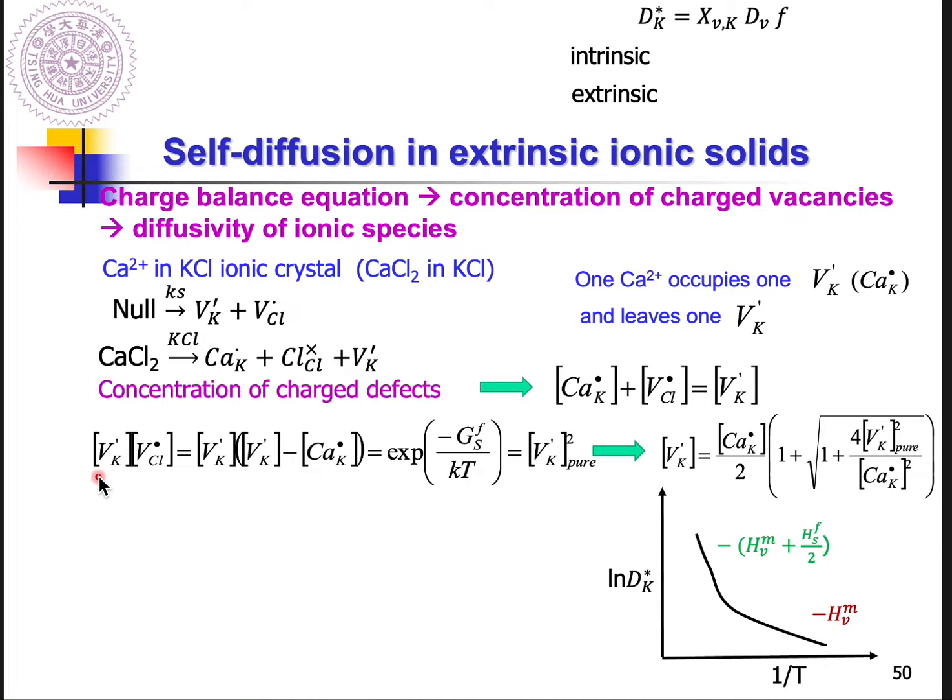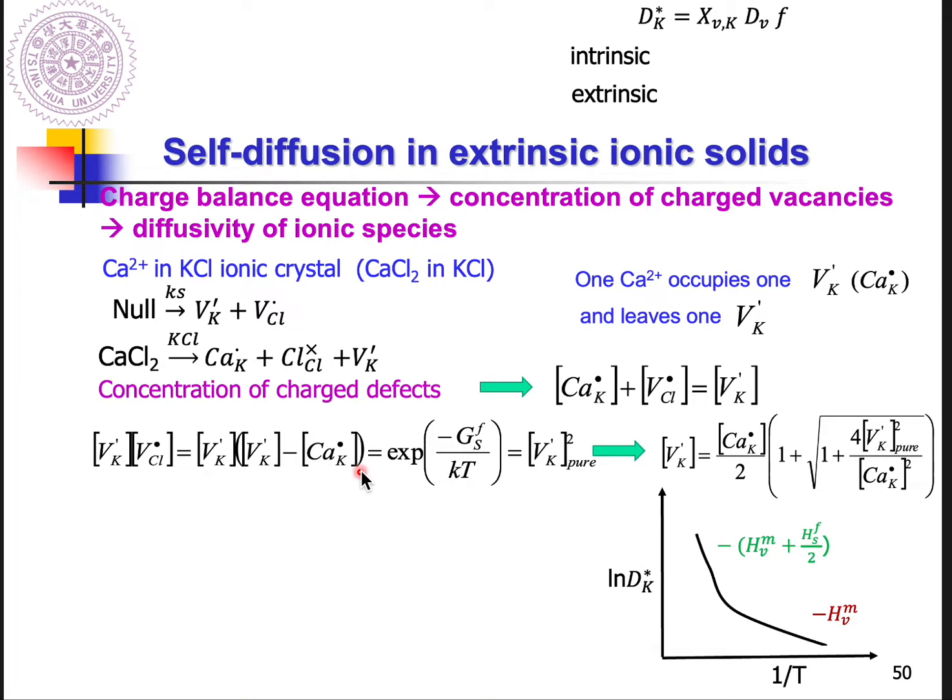It's something like p times n equals ni squared, where ni is the intrinsic charge carrier concentration. This is what we learned from semiconductor theory. Based on this equation, we can substitute using the charge balance equation, so we get V_K minus the calcium at the potassium site with 1 positive charge.